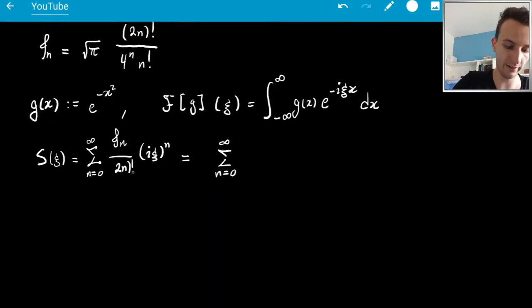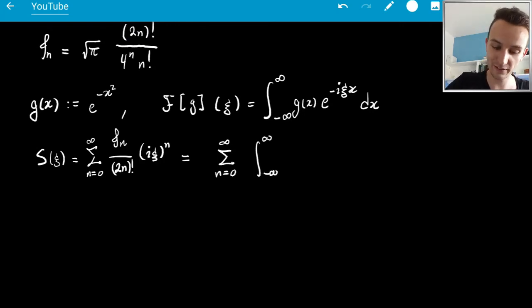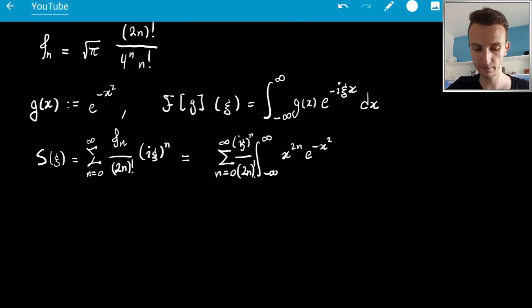Sorry, this is not n factorial, this is going to be (2n) factorial. I'm just making this up, by the way, so I didn't see this anywhere. It just looked fun. So yeah, here's the integral. I_n is x to the 2n e to the minus x squared. Okay, and then we've got this (2n) factorial, and we've got (i xi) to the nth power. Yeah, I want this to the 2nth power as well.